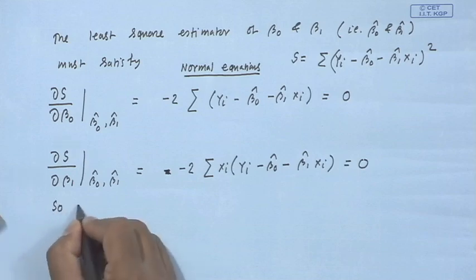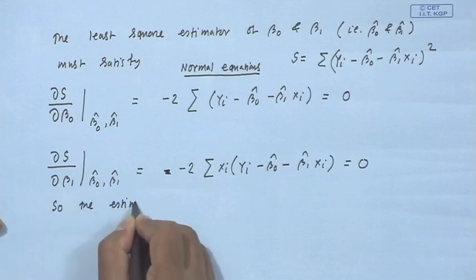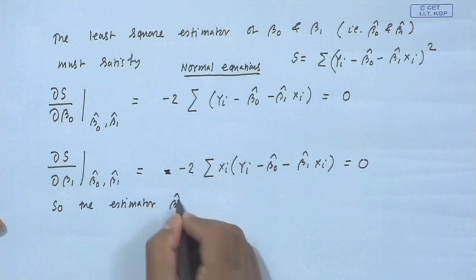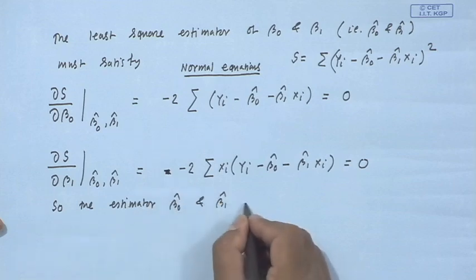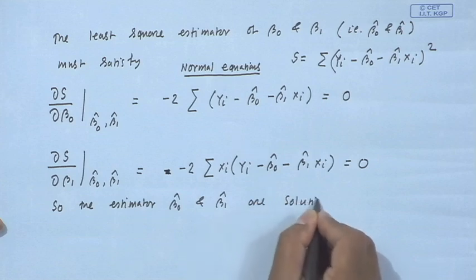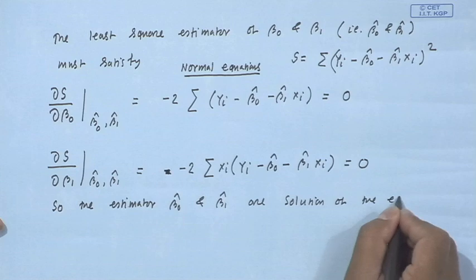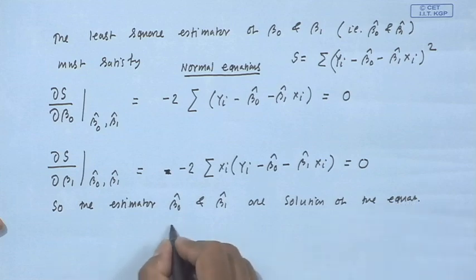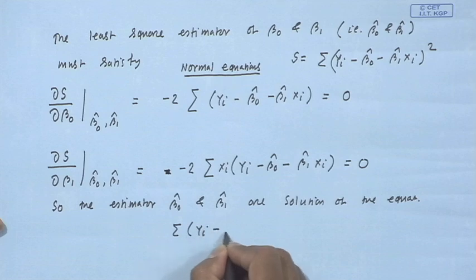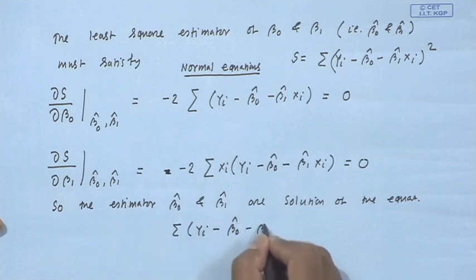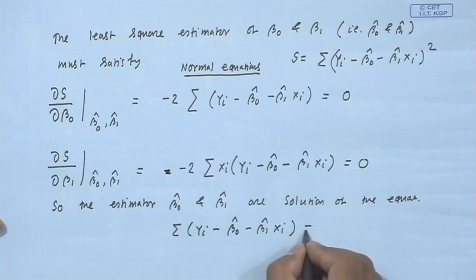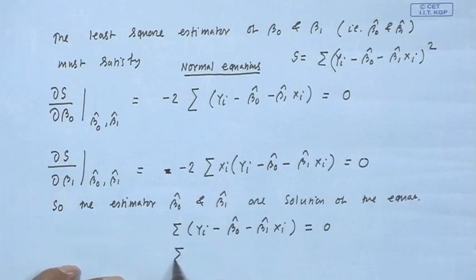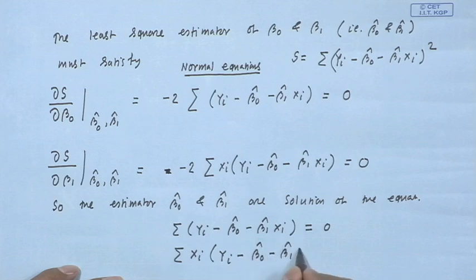So, you can uniquely fit beta naught and beta 1. So, the estimated beta naught hat and beta 1 hat are the solution of the equations summation y I minus beta naught hat minus beta 1 hat x I equal to 0, and summation x I into y I minus beta naught hat minus beta 1 hat x I equal to 0.